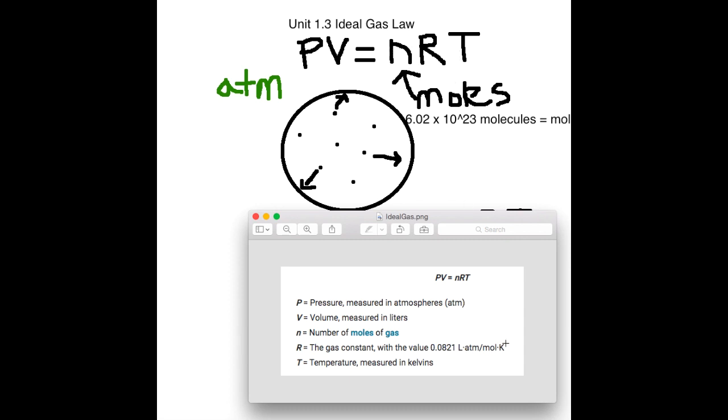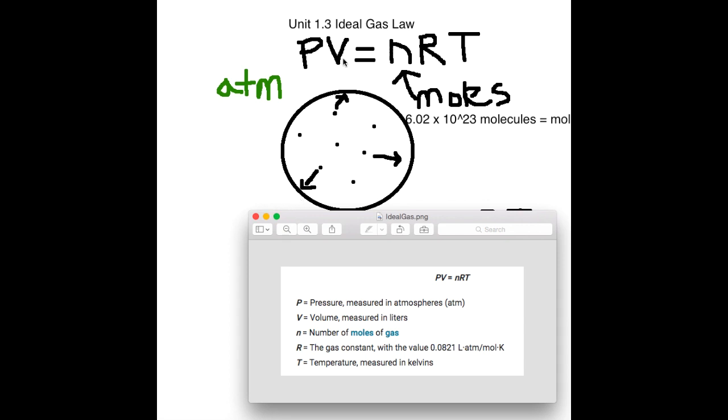You'll see that very quickly these units cancel out, or are not really an issue. And temperature, again, is measured in kelvins, and you'll see in your reading how to convert Celsius into Kelvin. We can do a video about that later if somebody needs that as well.